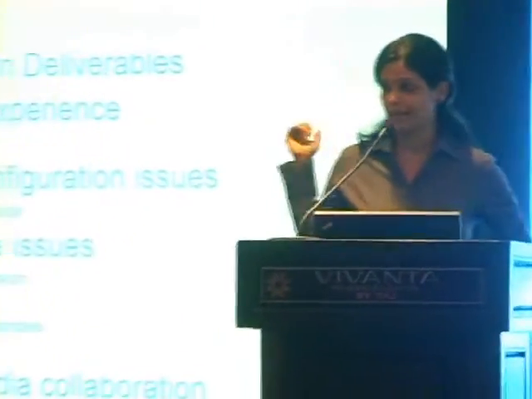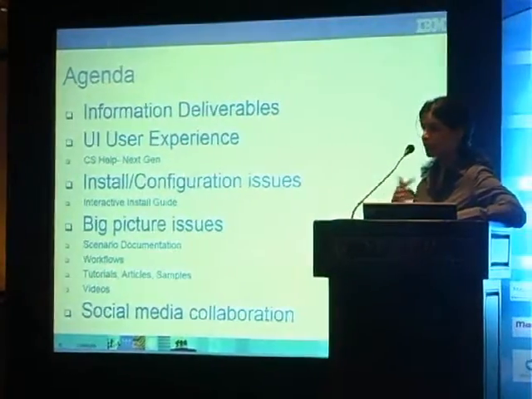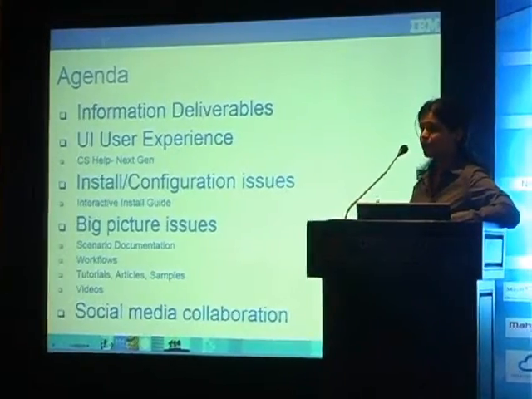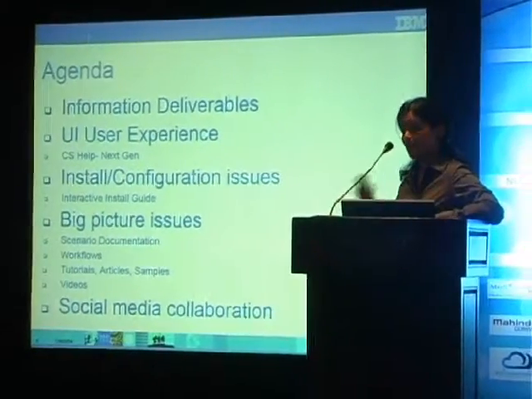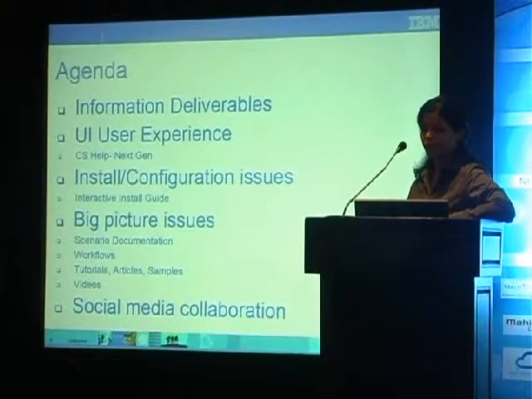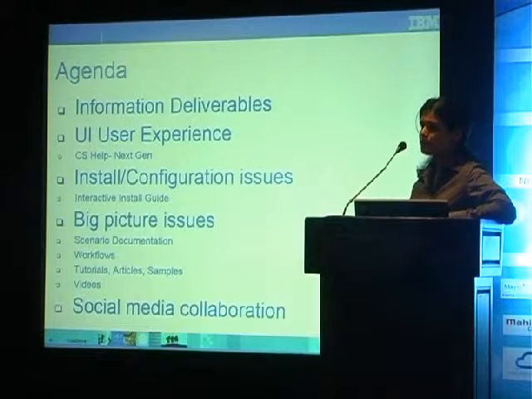So let's just look at this agenda. What we're going to do is review some of the information deliverables that we generally tend to deliver and look into some of the issues that we generally face, which are faced by the customers, and the kind of feedback that we get for these information deliverables. So we'll look into some of the innovative methods that we at IBM have adopted, and I'll just give you some tips on things that you can consider while adopting some of these best practices.